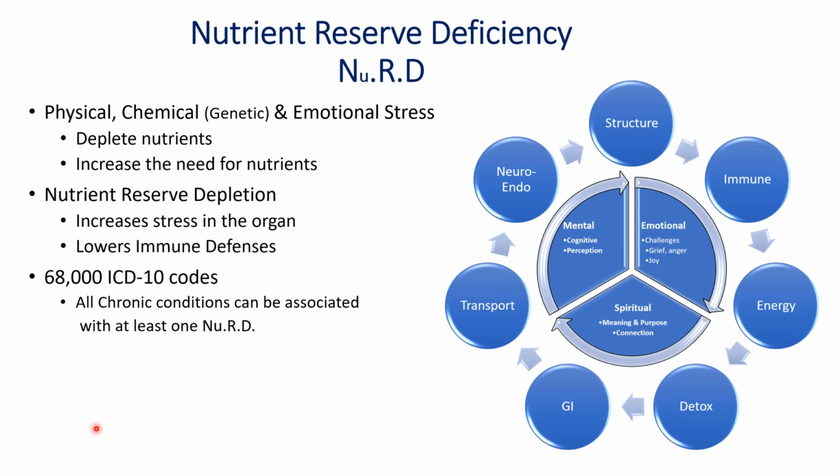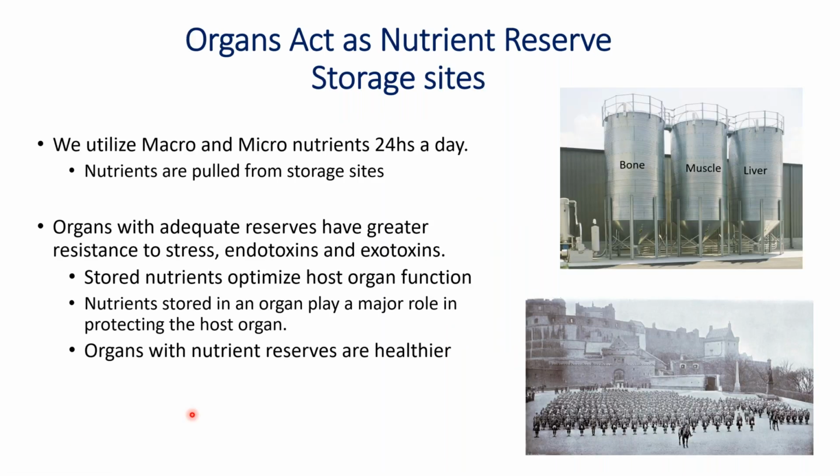There's an increased stress on the organs if they don't have the nutrients they need, and that can lower their immune defenses. There's 68,000 ICD-10 codes. All of the chronic conditions can be associated with at least one nutrient reserve deficiency. Whether it's in the liver or whether it's in the muscle or in the organs.